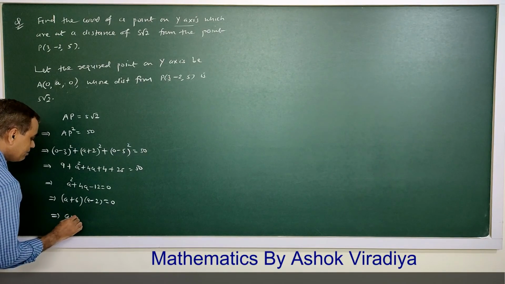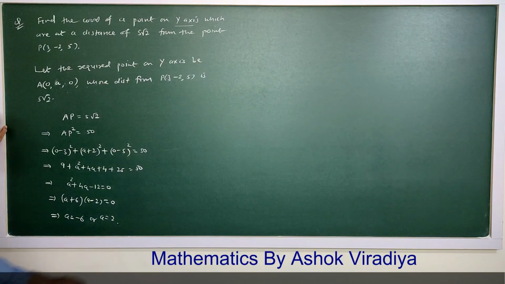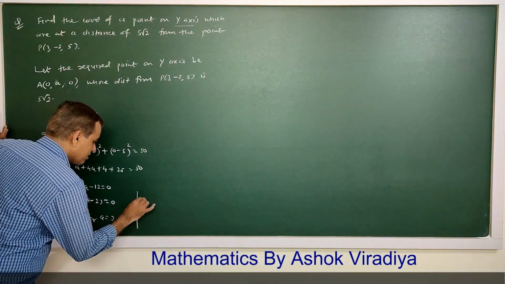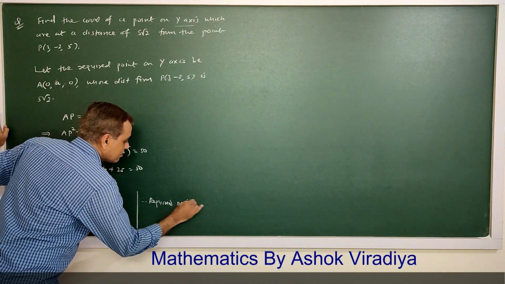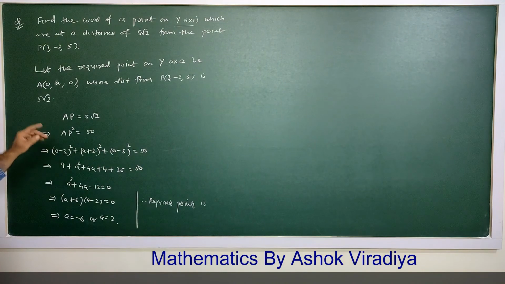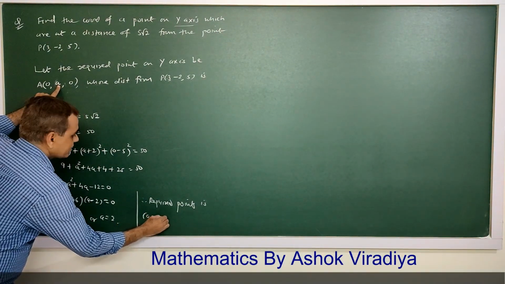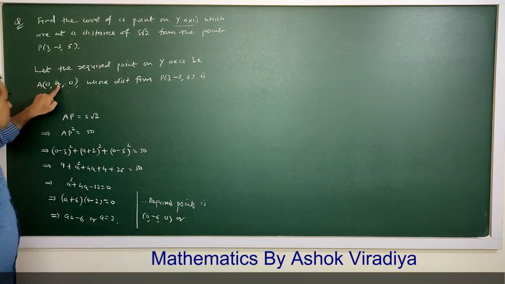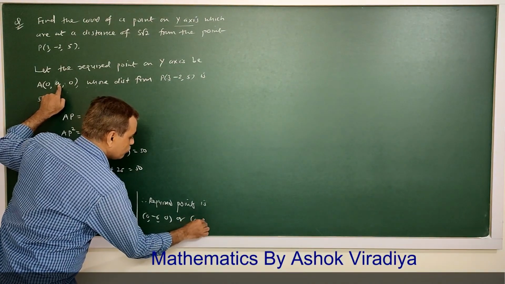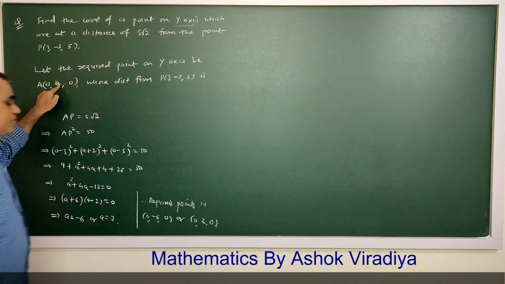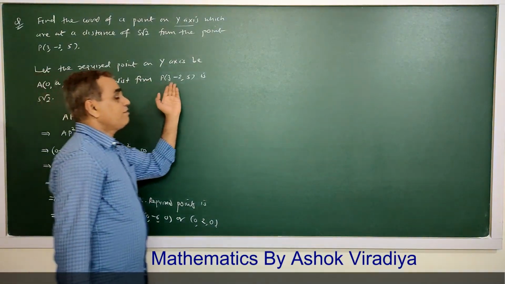So a is minus 6 or a is 2. So the required point is, putting a as minus 6, (0, -6, 0), or the second possibility is (0, 2, 0). So these are the points on y-axis which are at a distance 5 root 2 from the given point.